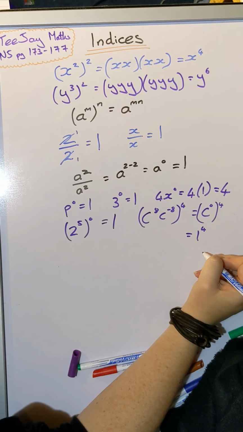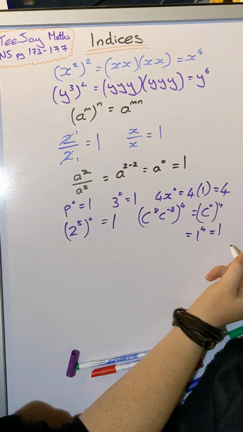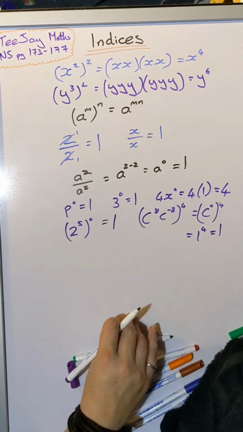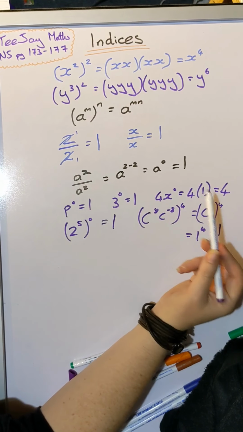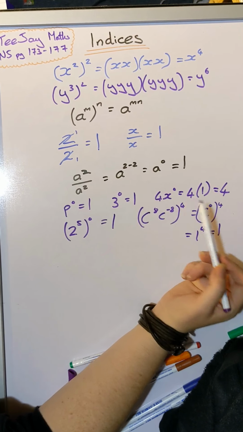Now, 1 times itself, no matter how many times you do it, will always be 1. So just be a little bit wary. The only time a power 0 doesn't give you an answer of 1 is when it's multiplied by a number as well.